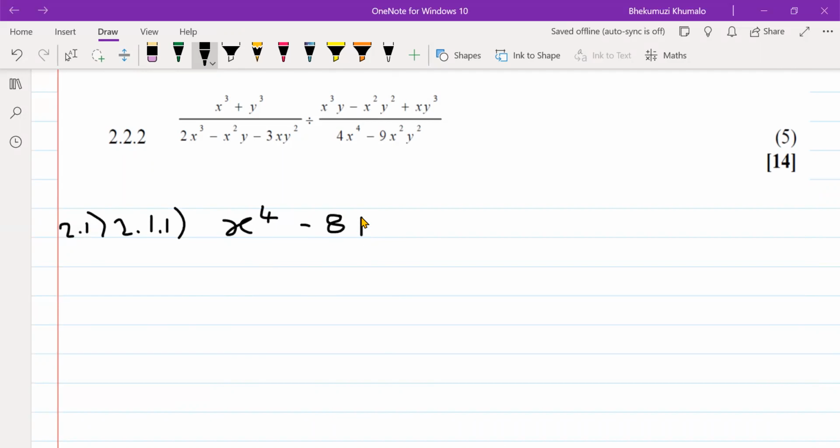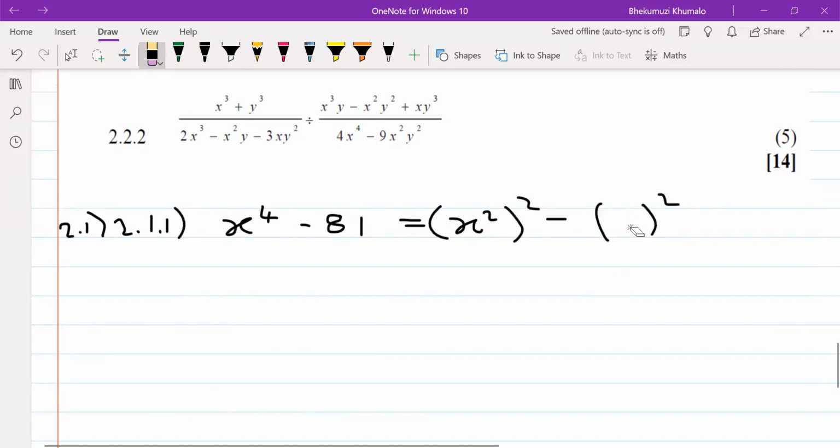Now notice that x to the power 4, we could think of it as being x to the power 2, all to the power 2. But it's also at the same time 9 to the power 2, because 9 times 9 does give us 81. Can you see that? But also remember 9 can be seen as 3 to the power 2.